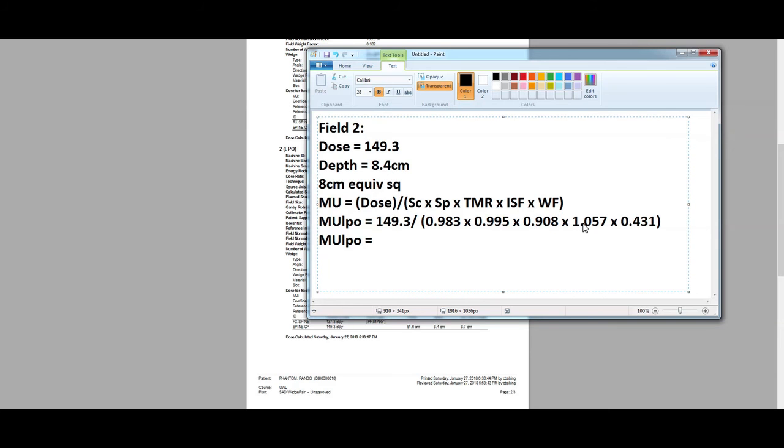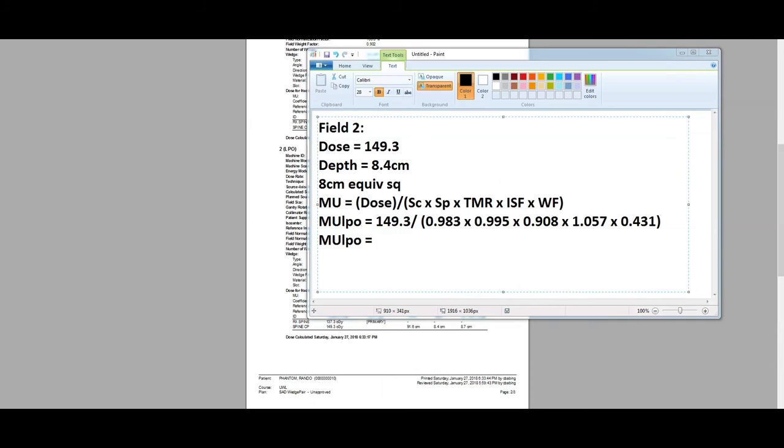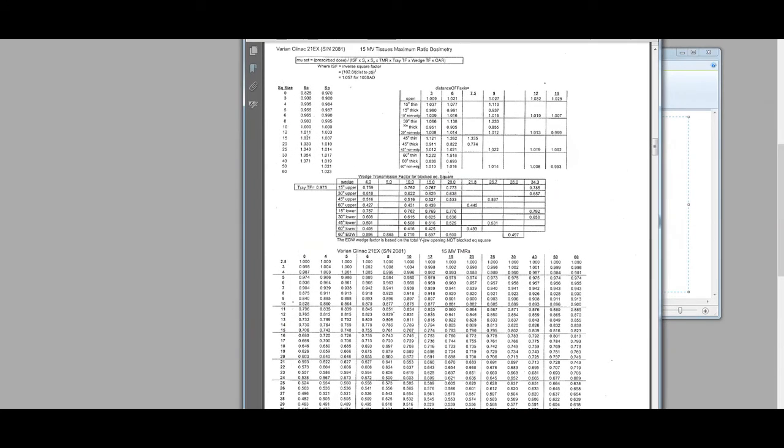I have the exact same inverse square factor, source to calibration distance divided by source to calculation distance. My calibration distance is 102.8. My distance to my point is 100. I'm at 100 SAD, so my inverse square factor is the same, 1.057. And then my wedge factor is going to be a 45 upper, 10 by 10, 0.516.